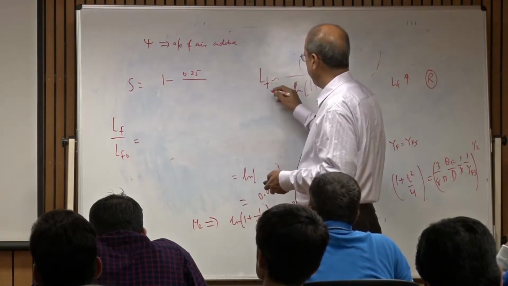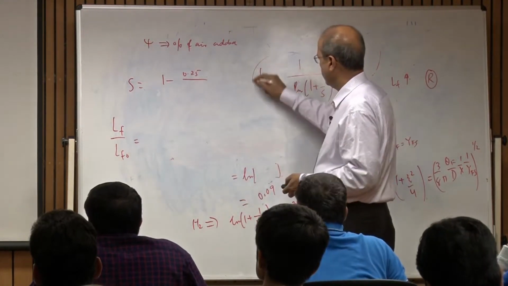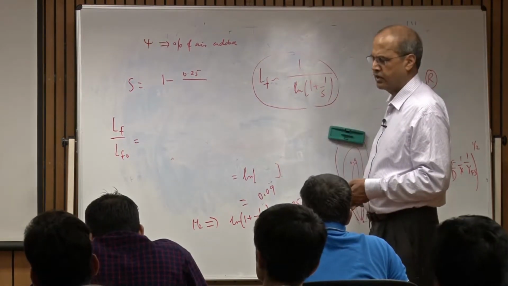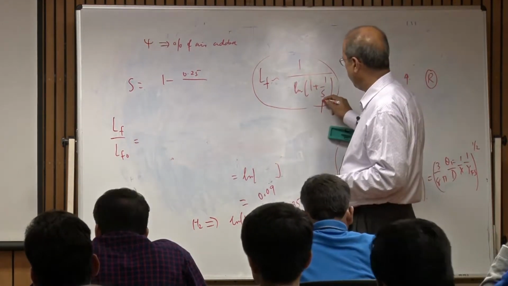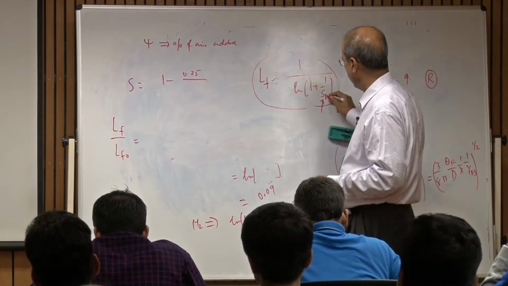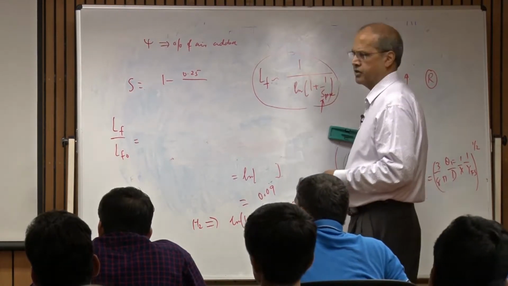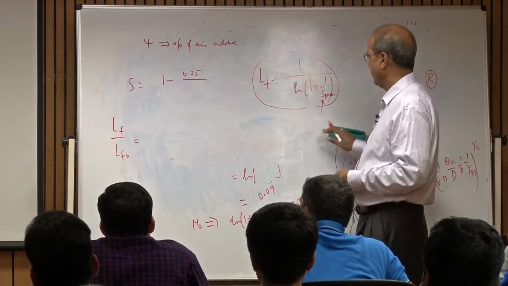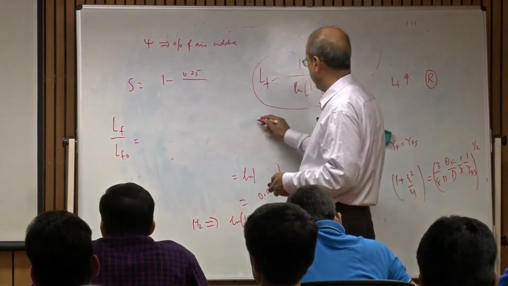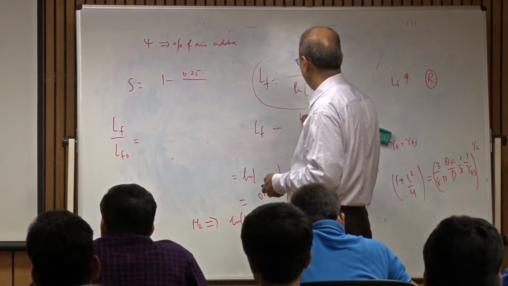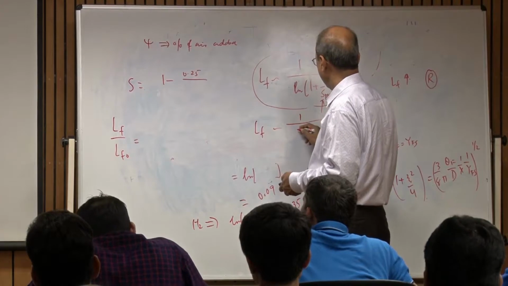So, without any air addition, this is the expression, right? With air addition we change this S, so this we call S pure without air addition. With air addition to the fuel jet, we have a new expression for this.